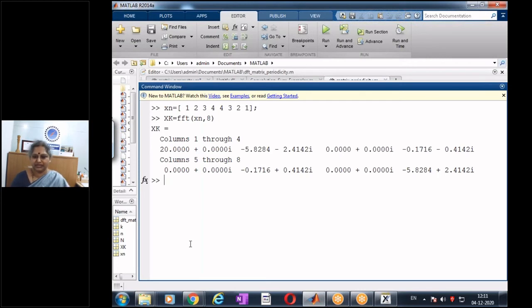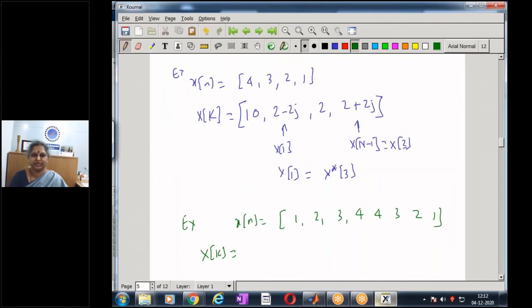We get the results as 20, minus 5 minus 2.4j. We have the result as 20, minus 5 minus 2.4j.